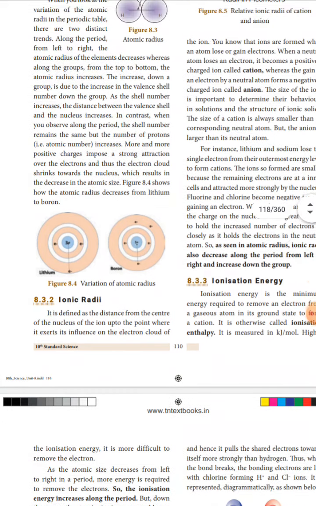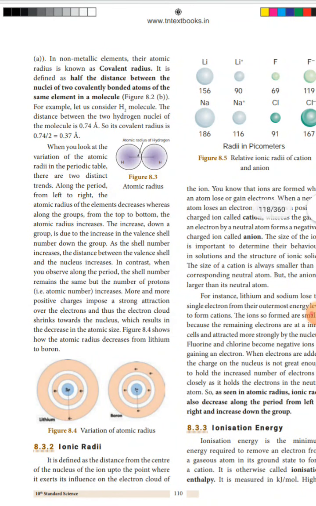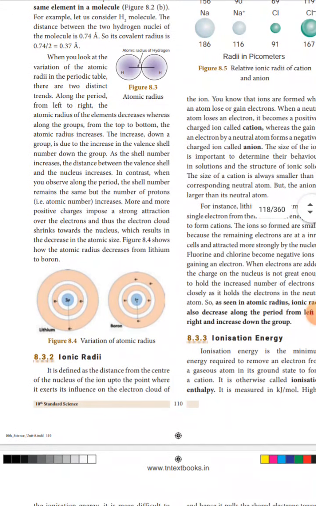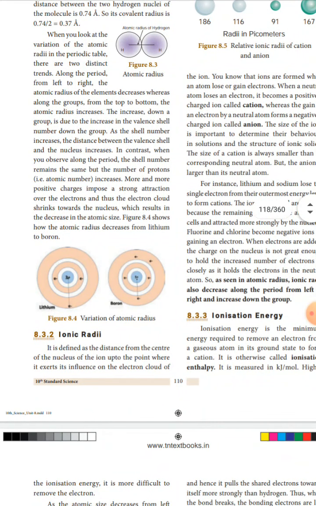So you have to keep two points in your mind. One is, when you move from left to right in the modern periodic table, atomic radius decreases, because more positive charge of the nucleus imposes a stronger attraction towards the electrons. So the electron cloud shrinks towards the nucleus, and because of this, the atomic size decreases.